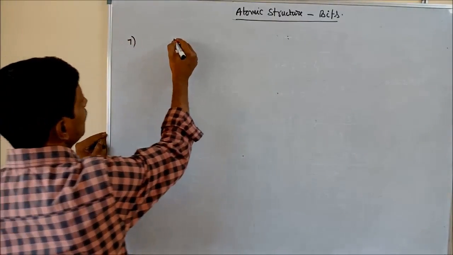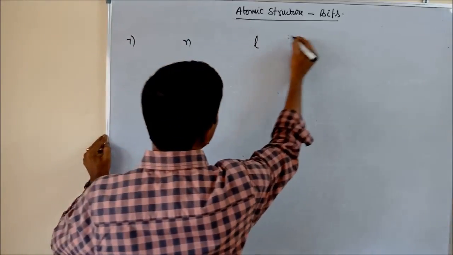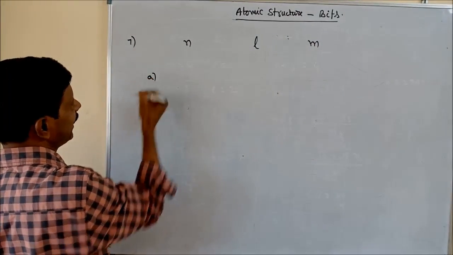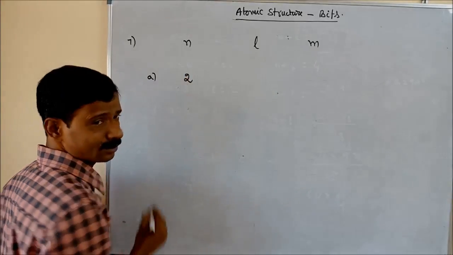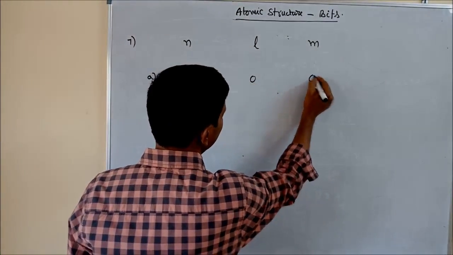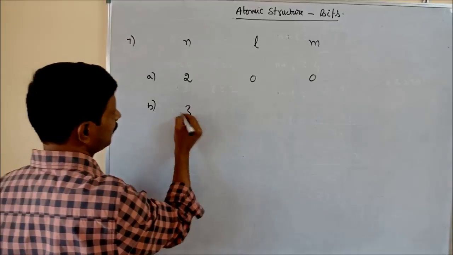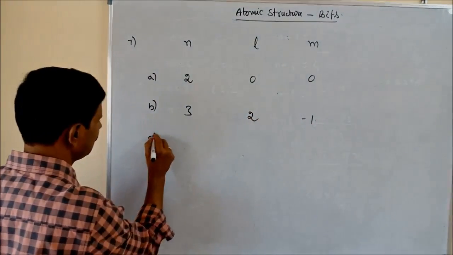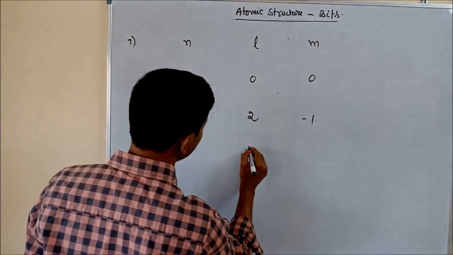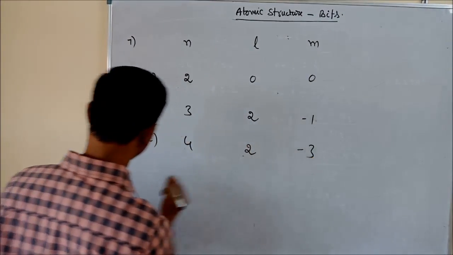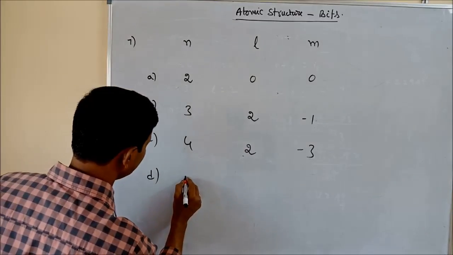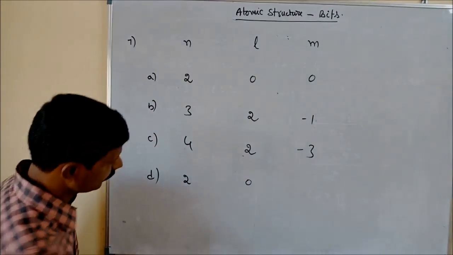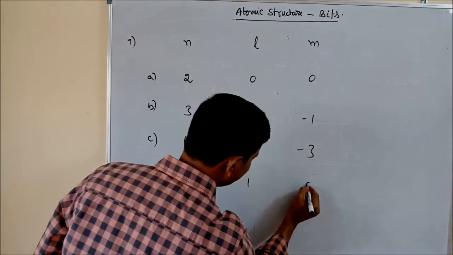So for that, see n, L and m. Just we are considering up to m. So now the first electron, it's n equal to 2, and here it is 0, and it is 0, then 3, 2 and minus 1, then 4, 2 and minus 3, and 2, 1 and 0.